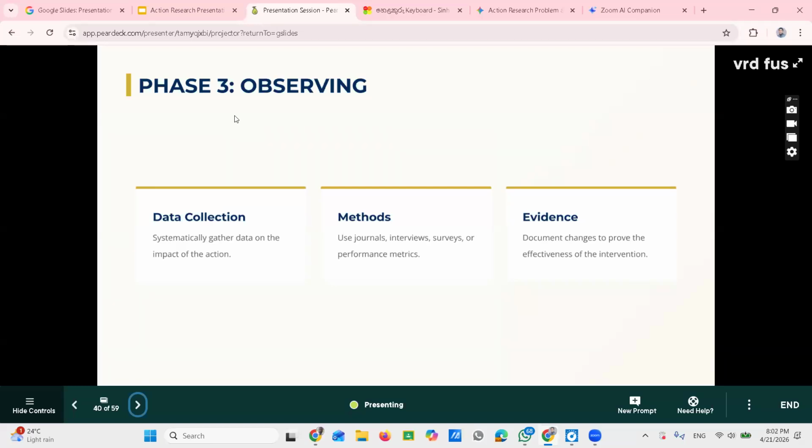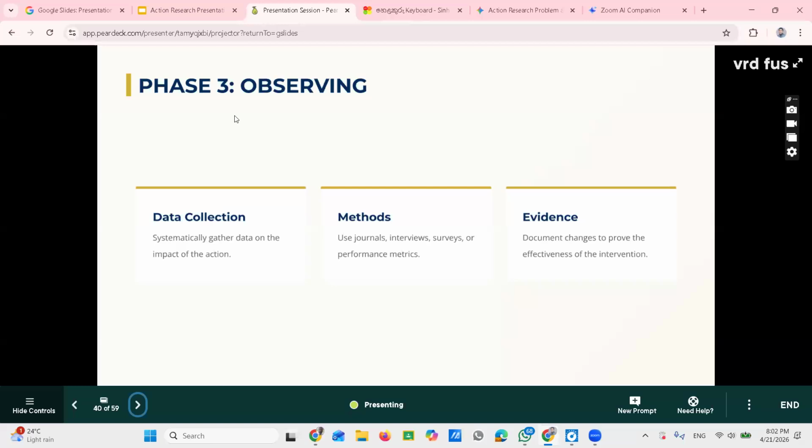That's the third step. Actually, the second and third steps happen in parallel, but to make it easy to understand, we separate them into second and third. To collect the data, you can follow various things. You can observe, you can discuss with your participants, or you can give a set of questions as a survey.